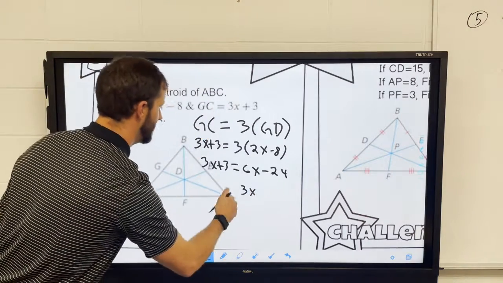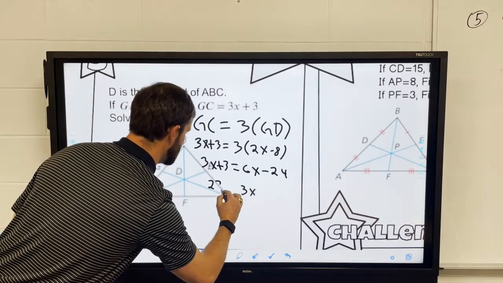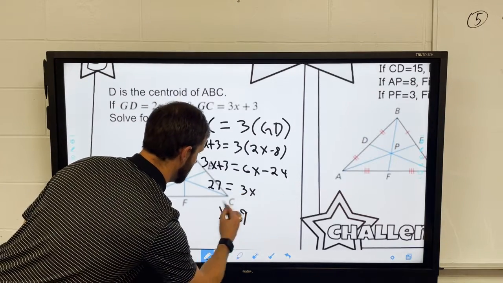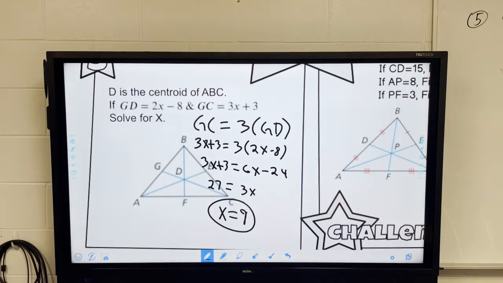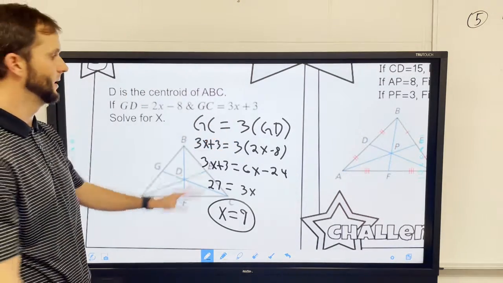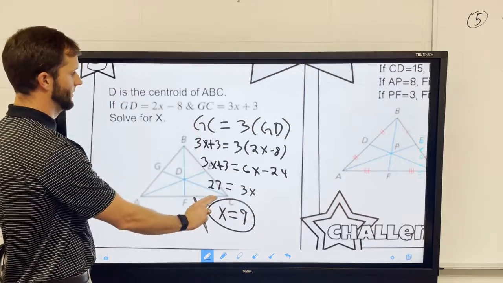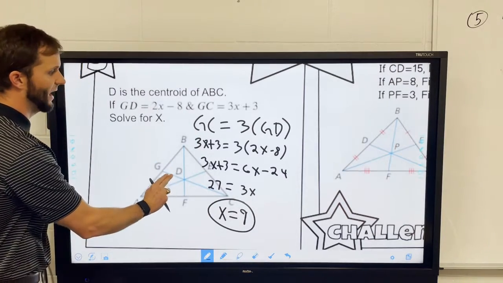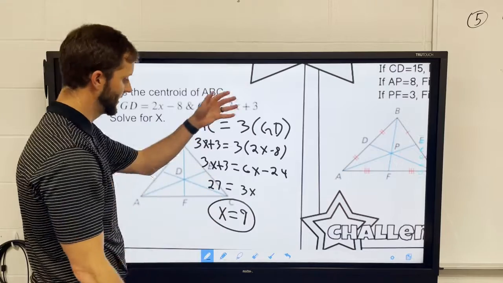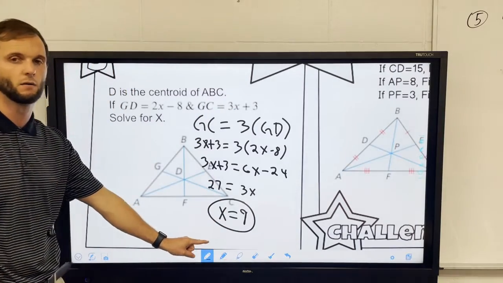I'm going to add 24 on both sides, which gives me 27. I'm going to divide by 3 on both sides, which gives me 9. So again, ladies and gentlemen, I set up my equation and made them equal to each other because GC is the whole line and GD is 1/3 of that, so I had to multiply it times 3 to make them equal. Then I solved to get 9.